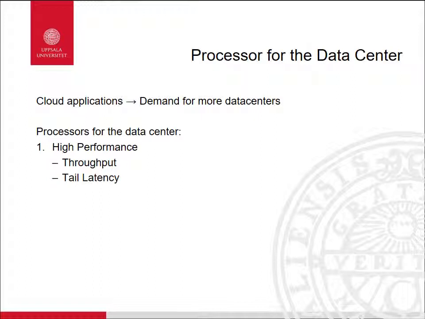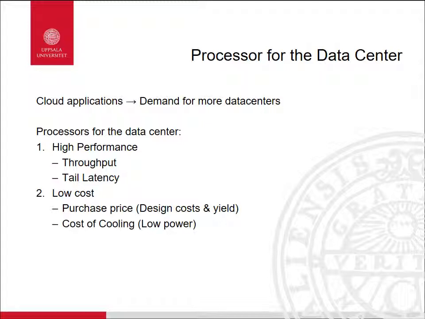While Google needs to make sure that it can service a high number of requests on average, it also has to make sure that none of them takes way too long. At the same time, the processors for data centers have to keep costs low. The main factors associated with this cost are purchasing the processor and the cost of running these services. That would be the electricity bill for running these processors.